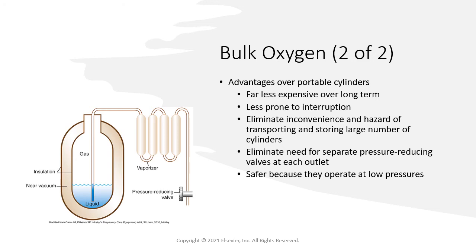Bulk O2 systems regulate delivery pressure centrally, eliminating the need for separate pressure-reducing valves at each outlet. These systems also operate at a low pressure, making them much safer than high-pressure cylinders. Safety standards for bulk oxygen systems are set by the NFPA, or National Fire Protection Agency, and are subject to further control by local fire and building codes.